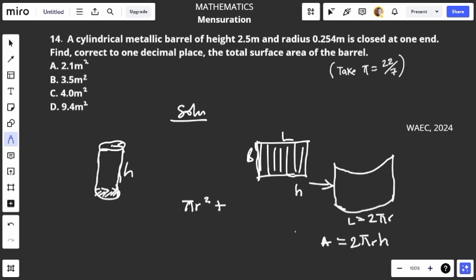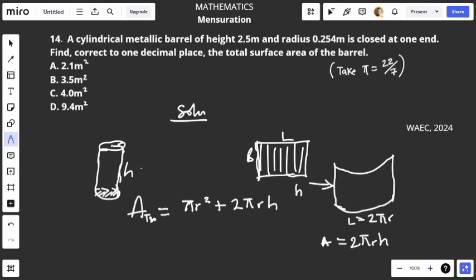So the total surface area equals the area of this circle plus the area of the curved surface, which is 2 pi r h. Now we have successfully gotten the right formula. If it was closed at the two ends, that would be plus another area of a circle, ending up with 2 pi r squared.